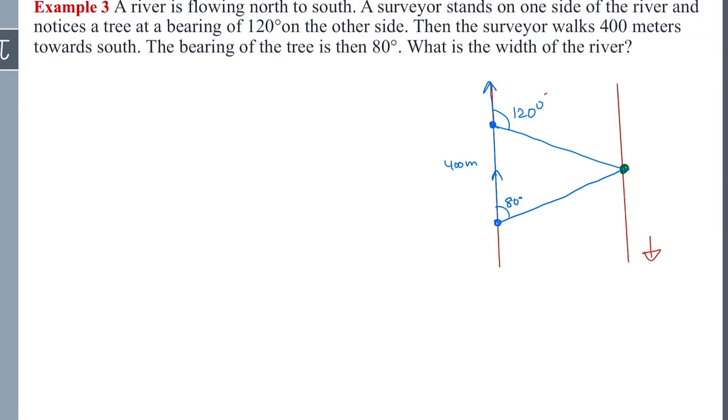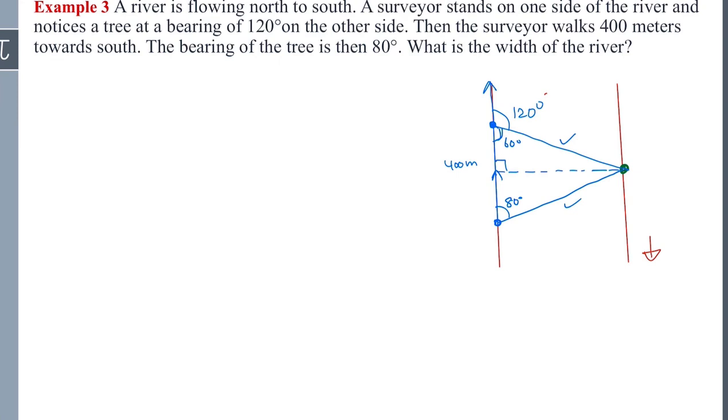Now what is the width of the river? That's the question. So we need to find the width of the river, meaning this distance. Let's say this is 90 degrees. Now let's find this angle, because 180 minus 120, so this is 60 degrees. In order to find this side, either we need to find this side or this side.